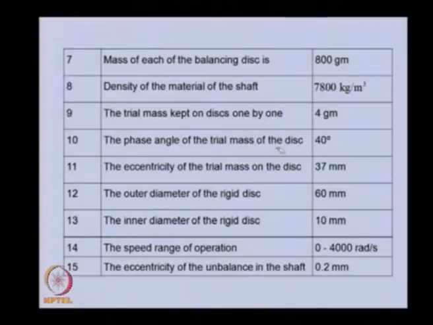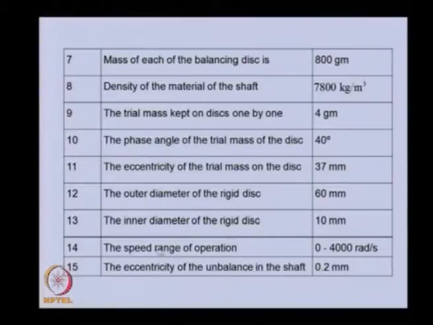The phase is given, that is, at what orientation we should keep the unbalance. This is the eccentricity of the trial mass on disc 2, basically the radial position of the trial mass, because we need to keep it at a certain radial position.